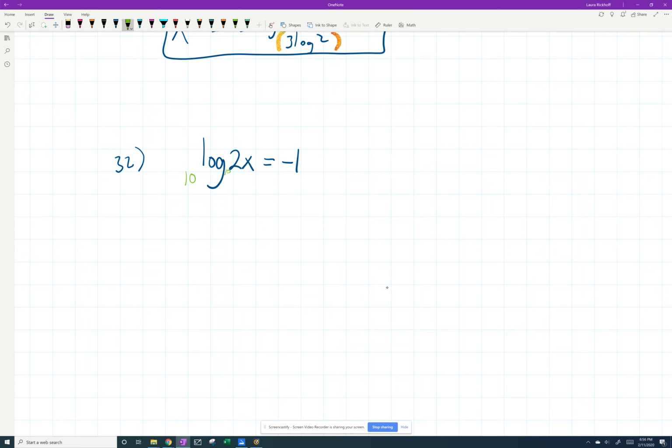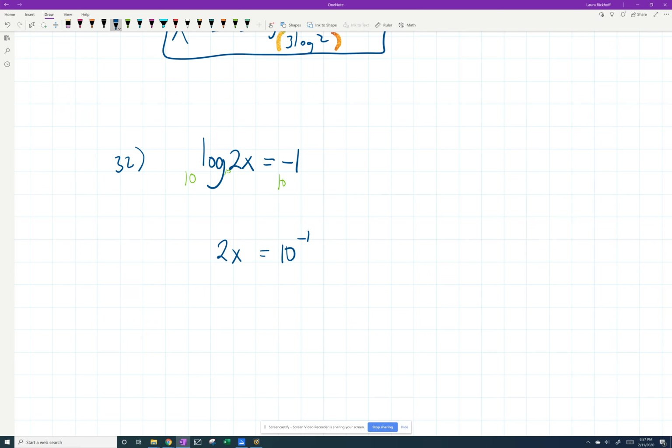I'm just too lazy to write the 10. So I can say that 10 to the left side equals 10 to the right side. It's a little bit odd, kind of sneaking it under, but that will undo the log base 10, and I'll just get 2x on the left and 10 to the negative 1 on the right.